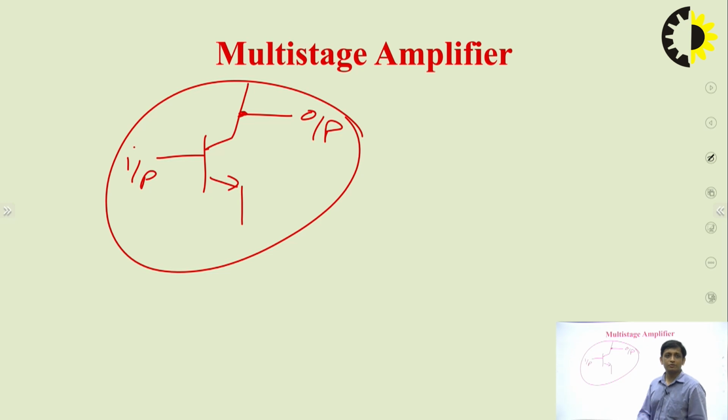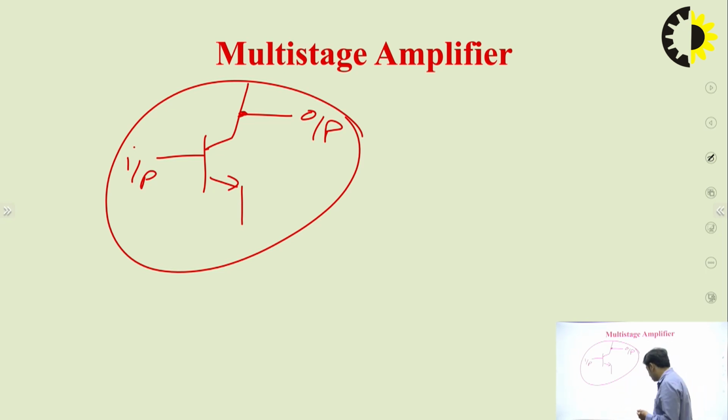Why? Because you are just giving the input and taking the output. It's a single stage. Multi-stage means the output of the first stage will be connected to the input of the second stage, the output of the second stage will be connected to the input of the third stage, the output of the third stage will be connected to the input of the fourth stage. It means that in multi-stage amplifier, there is a cascading of stages.